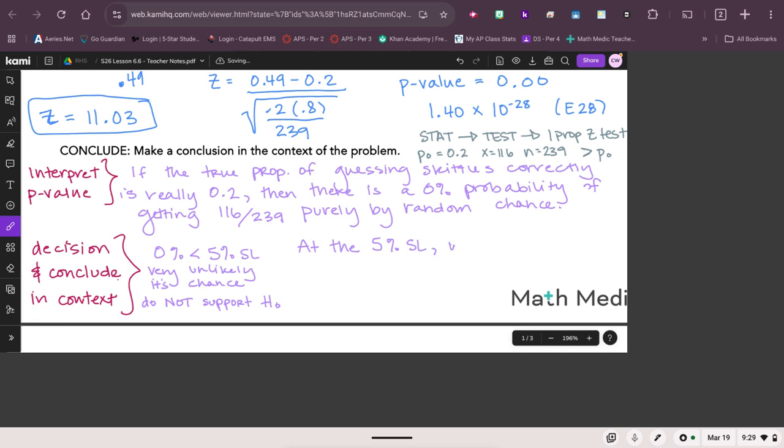We have enough evidence that the true proportion of correct Skittle guessing is more than 20%.